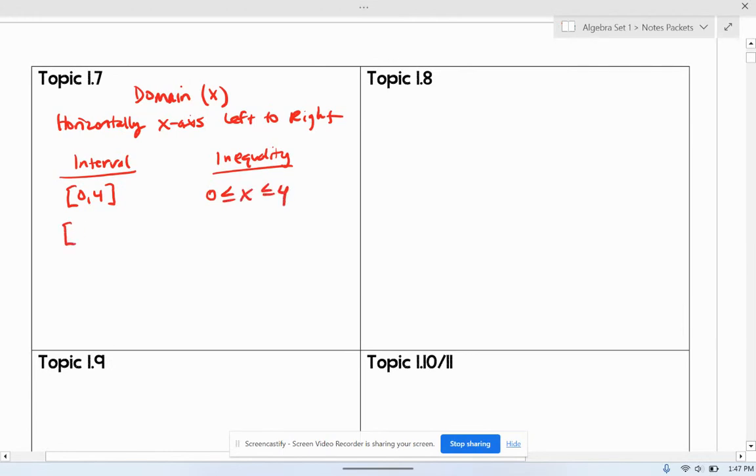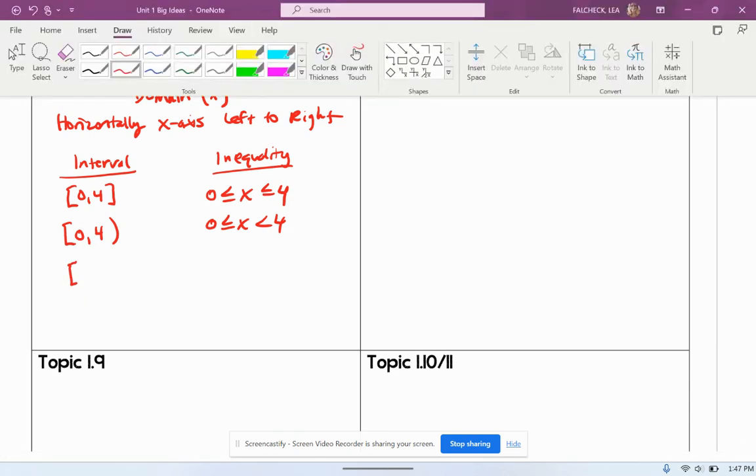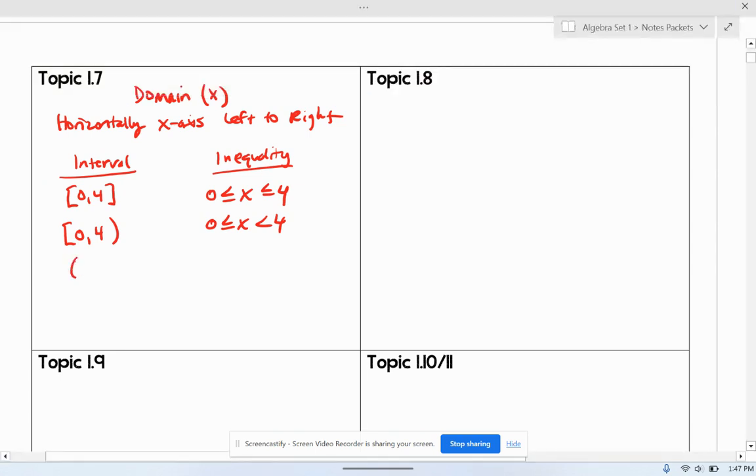Let's say you had something that looked like this, 0 to 4, not including 4. Your inequality would look like this. Let's say you had something like this. 0 to infinity. It would look like this. 0 is less than x, which is less than infinity.